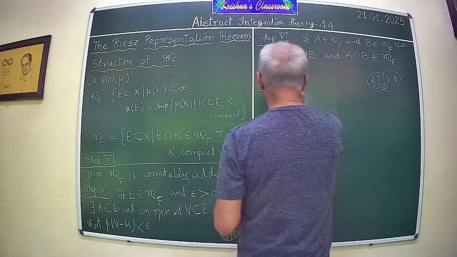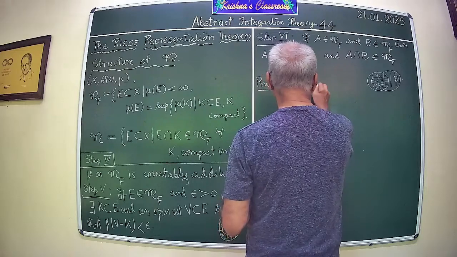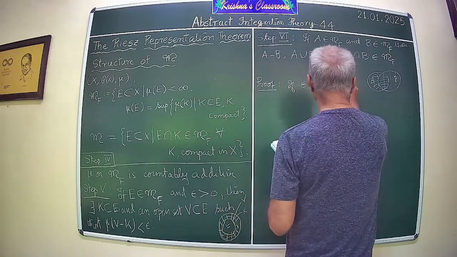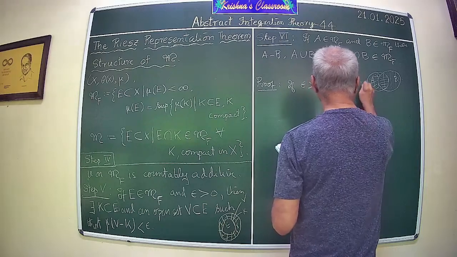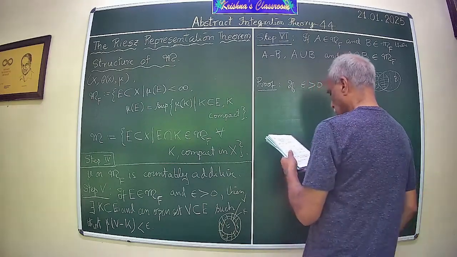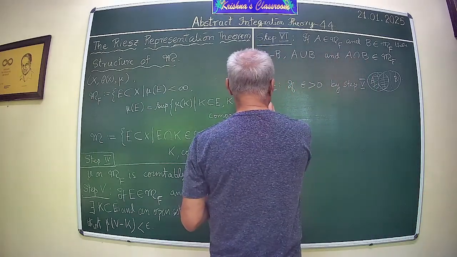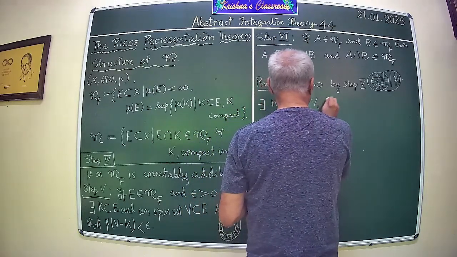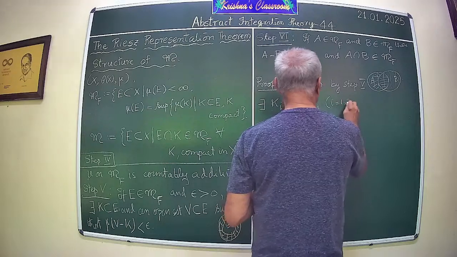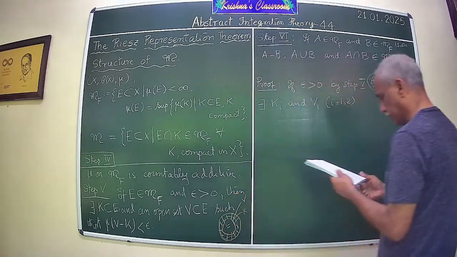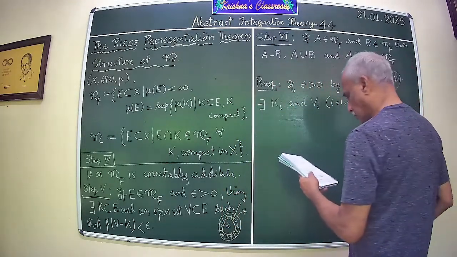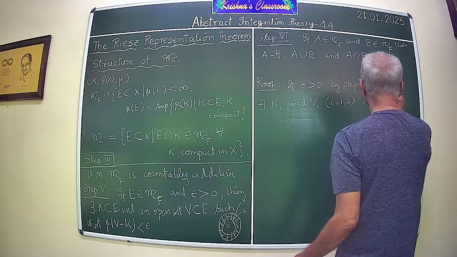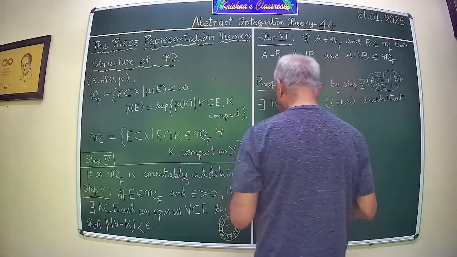If epsilon is positive, by step 5, there exist Ki and Vi, for i equal to 1 and 2, such that these two properties are satisfied.